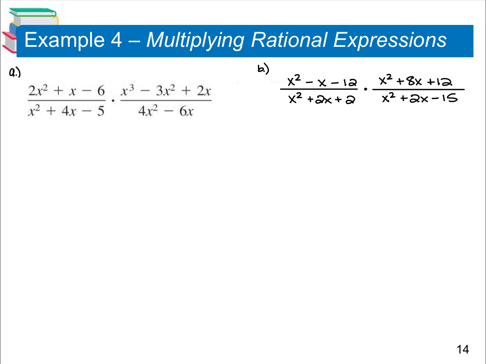Now, with these, when you're multiplying, dividing, even adding and subtracting, you want to factor first. Anything and everything within those fractions, you are going to factor completely. From there, if you can simplify, I would simplify, and then you multiply, divide, whatever it's telling you to do.